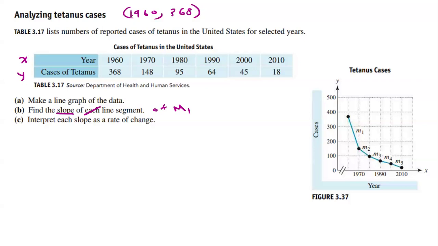However, none of these except for M3 lie on the grid line. So let's make our life a little bit easier and pick M3 instead of M1. So let's find the slope of M3.